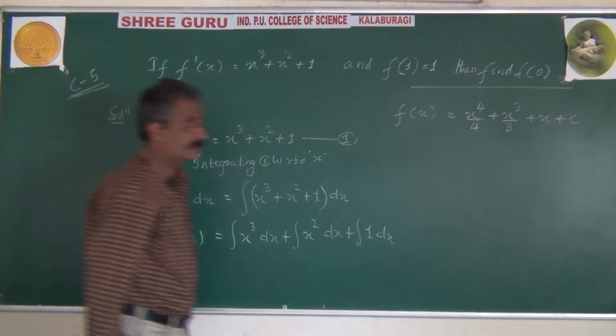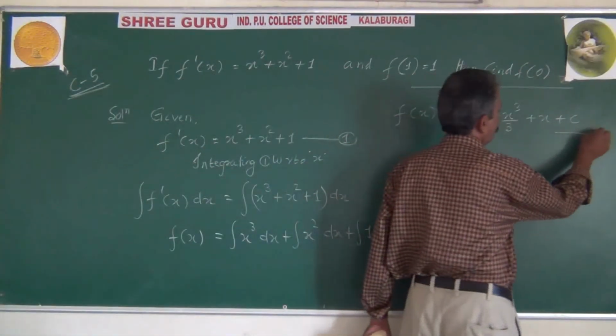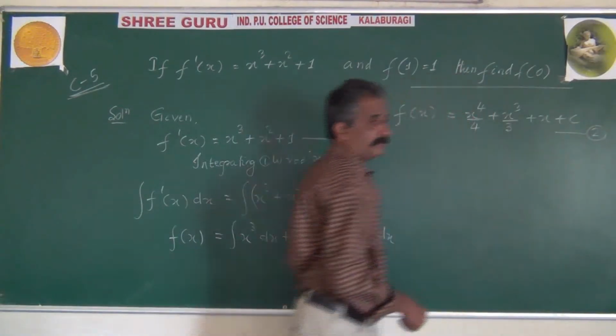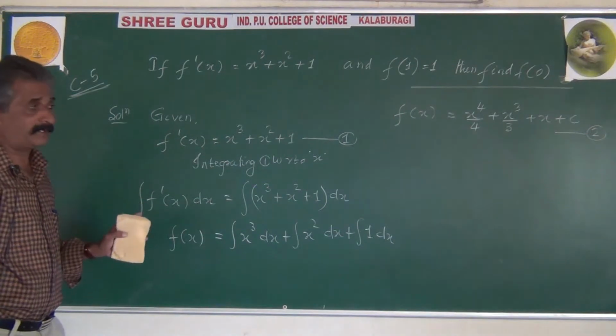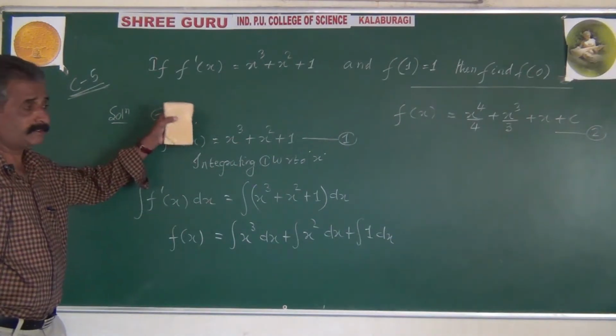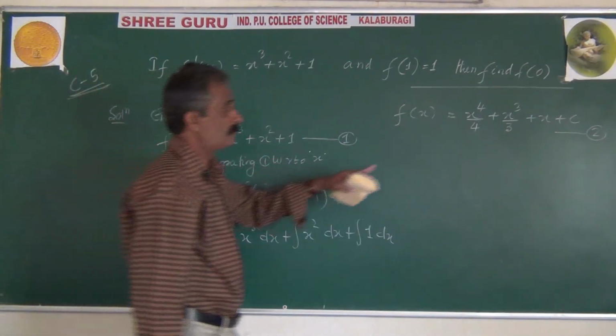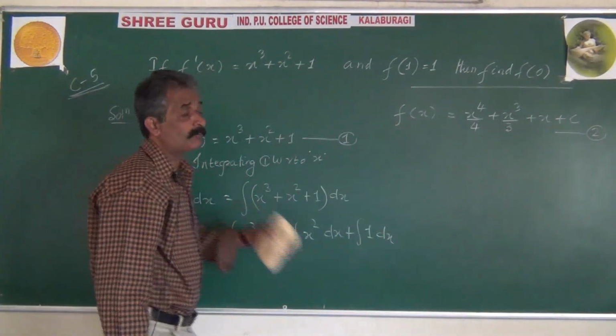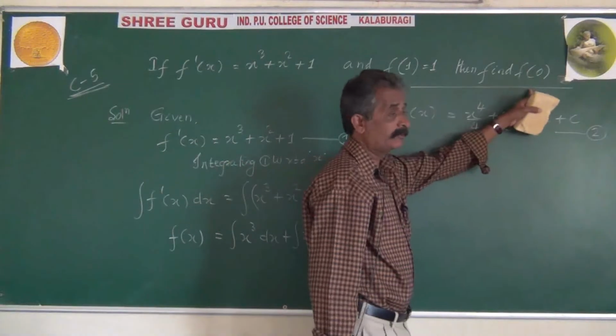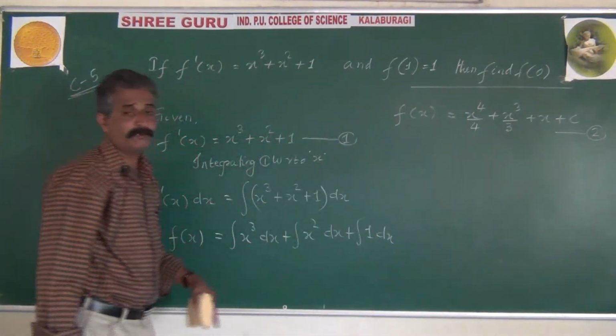You call this equation 2. By chance, if our question is to find f of x given f dash x, you could always stop here. This is f of x. But we have to get f of 0 using f of 1.